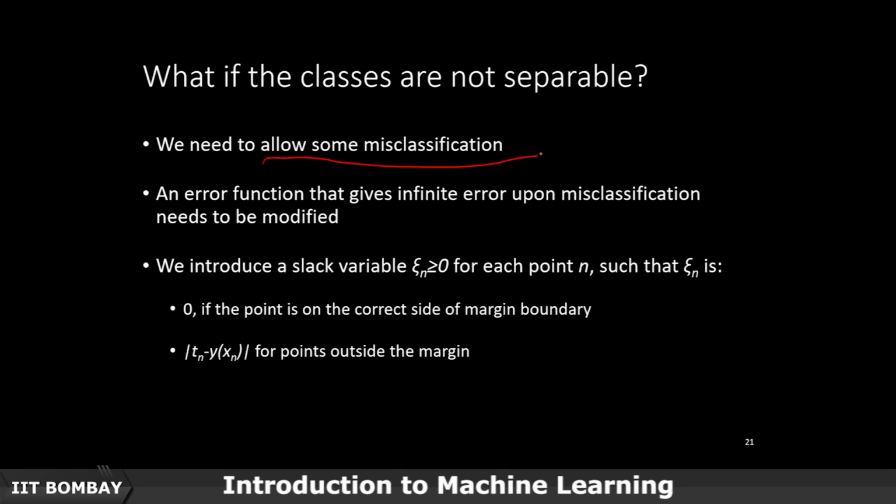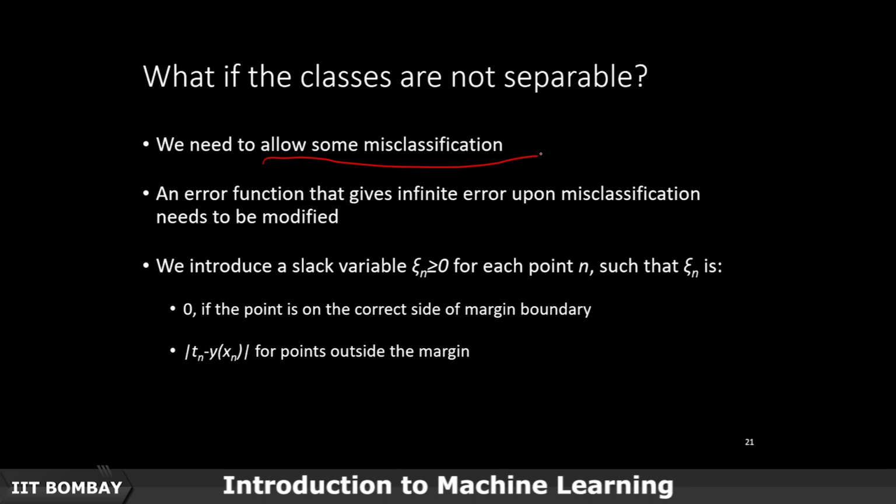But we wanted to minimize the overall number of points that were misclassified, including their distance from the margin, while putting a constraint on the norm of W. We wanted to do a trade-off between how many points are misclassified versus how small is the norm of W, or how large is the margin.